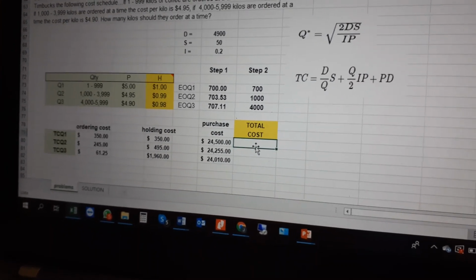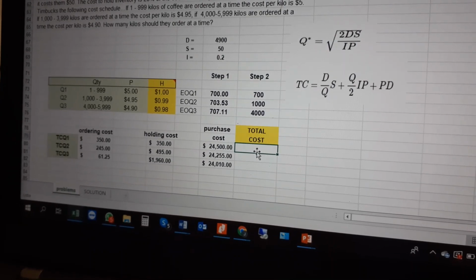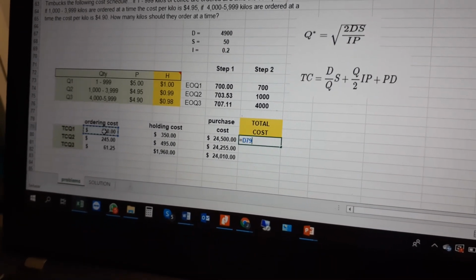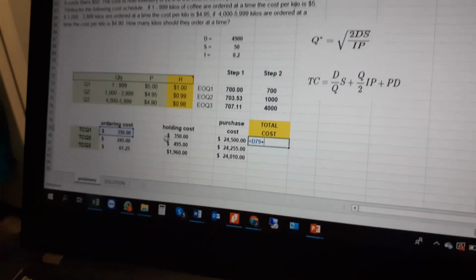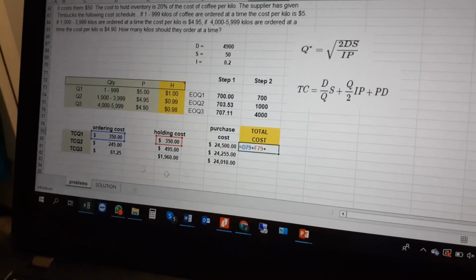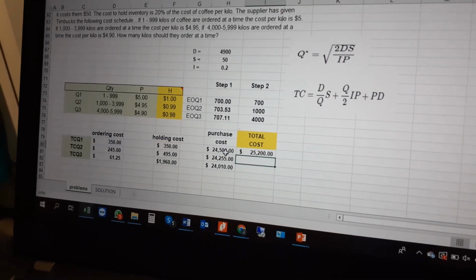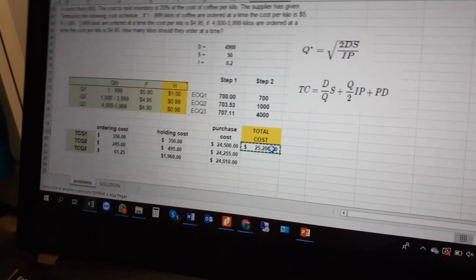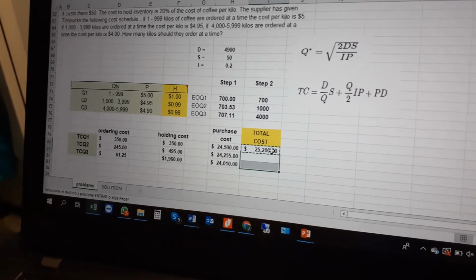Total cost then is going to be the sum of ordering cost plus holding cost plus purchase cost, and the same for the other two.